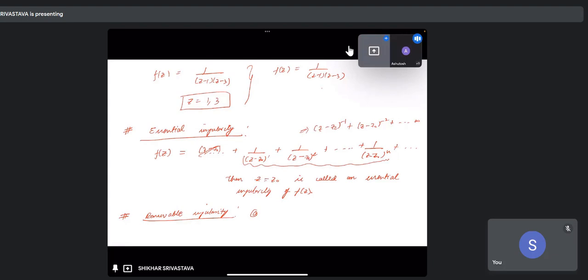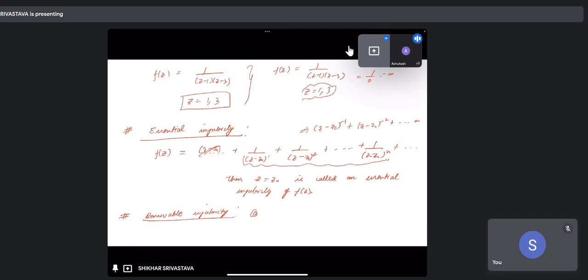For example, this function is defined at all points except at z is equal to 1 and 3, because as soon as you put z is equal to 1, it becomes 1 upon 0, which is infinity, so it is not defined. Similarly, at z is equal to 3 the function is not defined. So z is equal to 1 and 3 are called the poles of the function. That is z naught here. So in the given function, there are the poles you are defining.